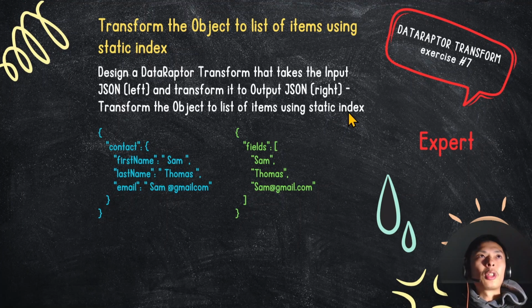Alright, exercise number 7. Transform the object to a list of items using static index. In this exercise, we'll be designing a DataRaptor transform that takes an object to a list of items. This is basically the reverse of exercise number 6.